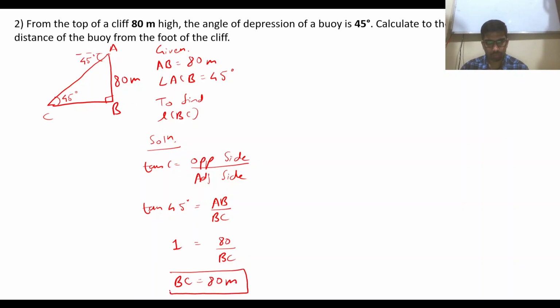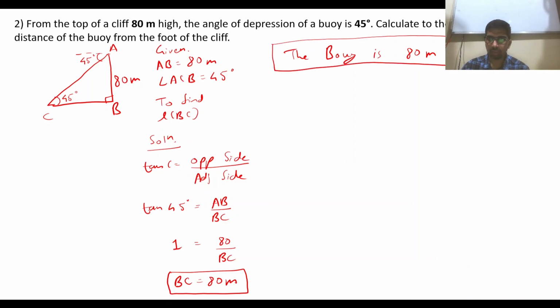So the buoy is 80 meters from the cliff. Okay, this is the answer. And if you see a pattern in this sum and the previous sum, whenever the angle of elevation or depression is 45 degree, the height is the same as the base.